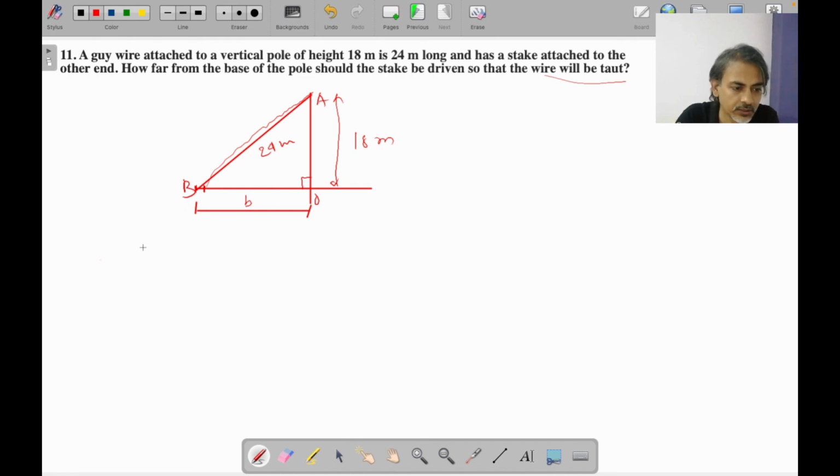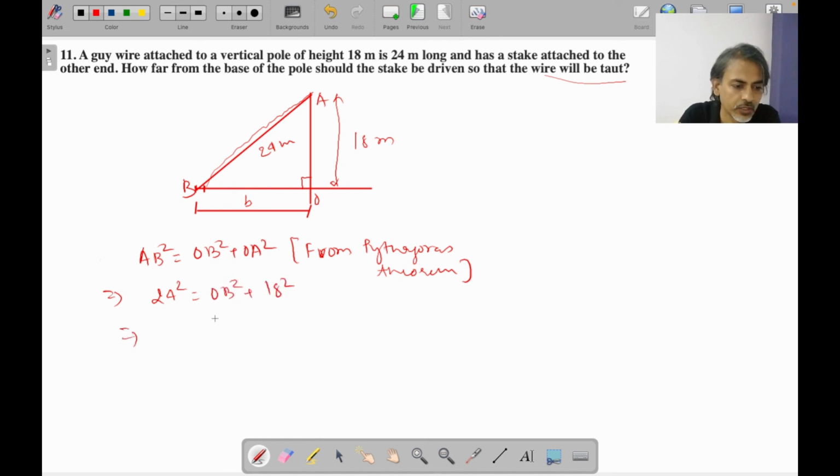So we can say that AB square is nothing but OB square plus OA square, again from Pythagoras theorem. AB square is given, which is 24 square. AO square is given, which is 18 square. We need to calculate OB square.